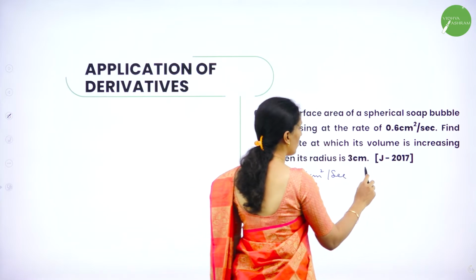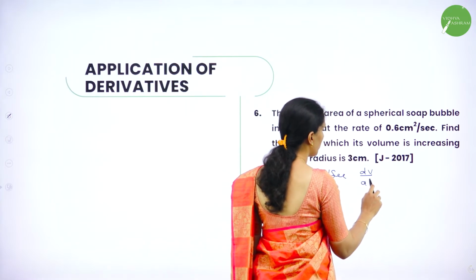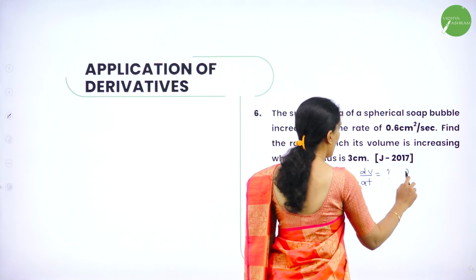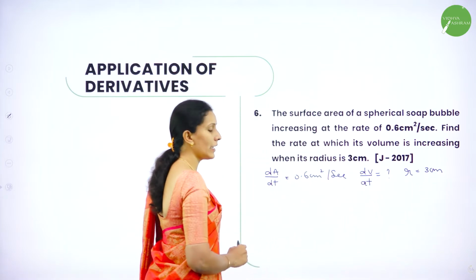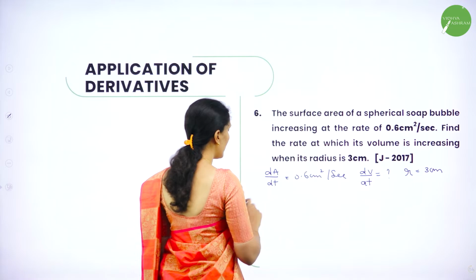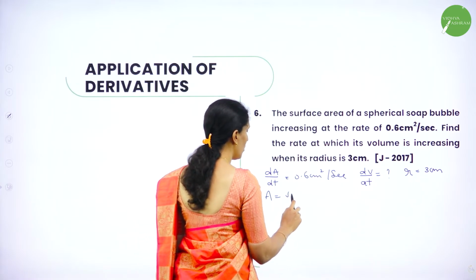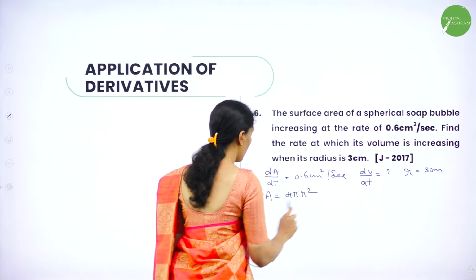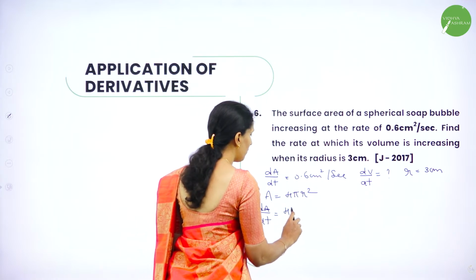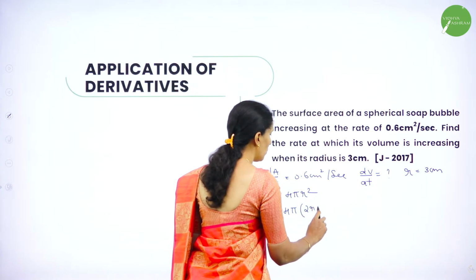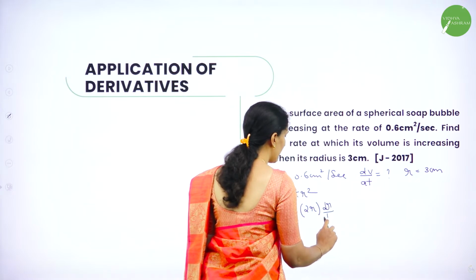We have to find the change in volume whenever r is equal to 3 centimeter. Now here we have dA by dt. Area is given by 4 pi r square. So dA by dt is nothing but 4 pi into 2r into dr by dt.